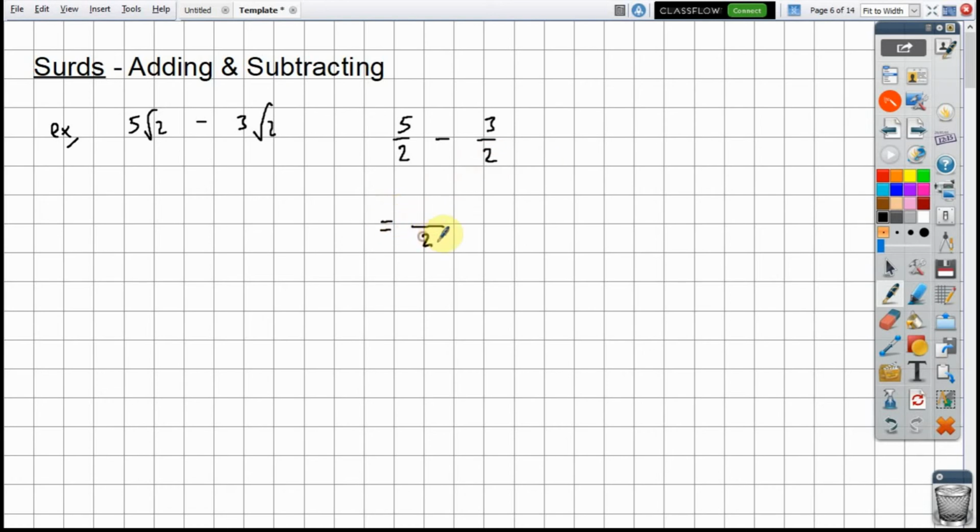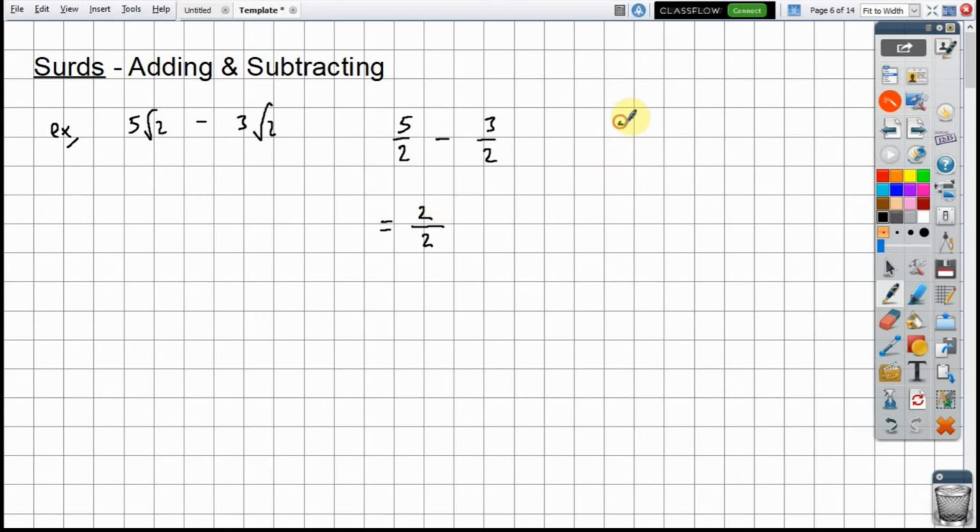So when you do the subtraction, the denominator stays the same. 5 halves take away 3 halves, the numerator is going to be 5 take away 3, which is 2. That obviously simplifies to 1, but I'm not actually that interested in that at the moment. I'm more interested in understanding that the denominator stays the same and the subtraction only happens to the numerators.